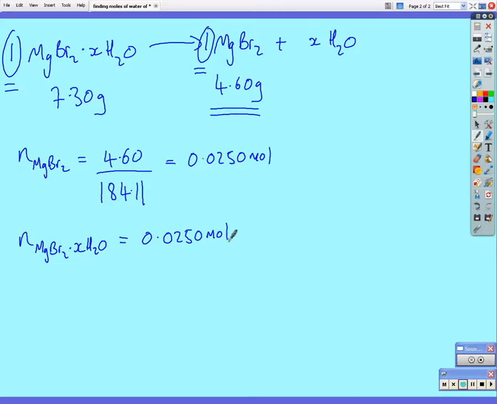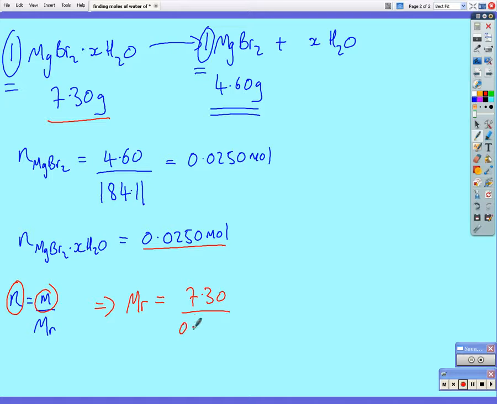Now, remember that the number of moles is equal to the mass divided by the molar mass. So for the hydrated salt, we now know the number of moles, it's 0.0250, and we know the mass, it's 7.30 grams. So if we now work out the molar mass, it's 7.30 divided by 0.0250, we get about 292. So we know the molar mass, so we can form a linear equation.